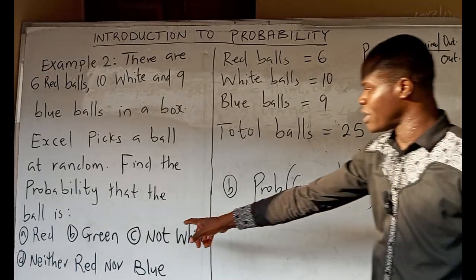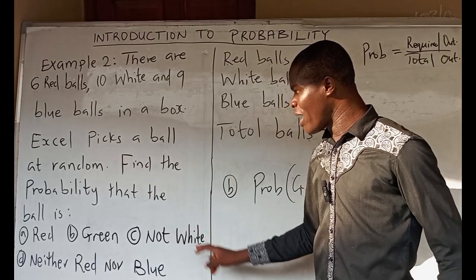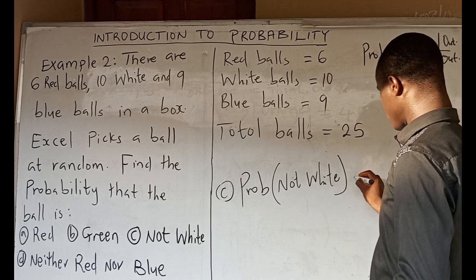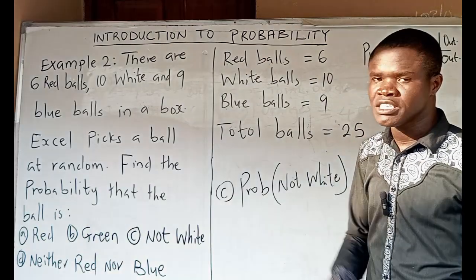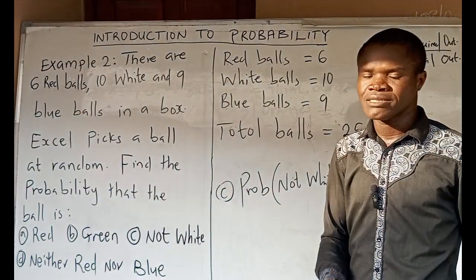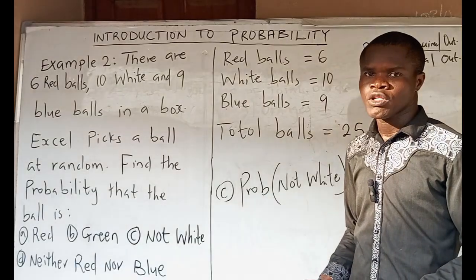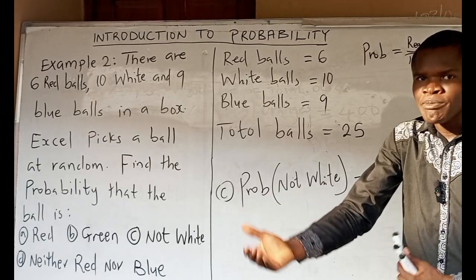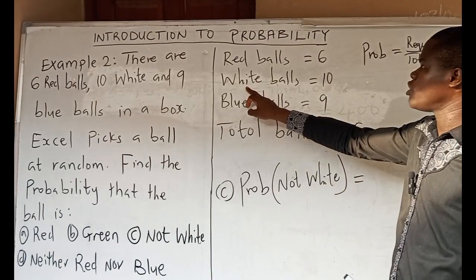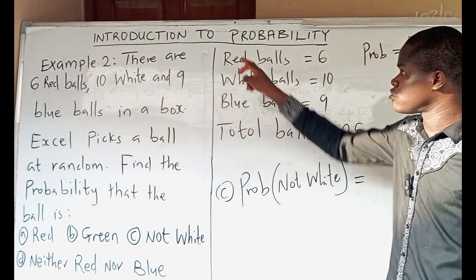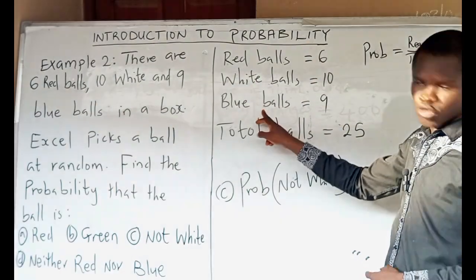Okay, let's go to question number C. Not white ball. In probability, "or" means plus, while "and" means multiplication. Probability of not white ball simply means remove white ball. If we remove white balls, that means it is the probability of red balls or blue balls.